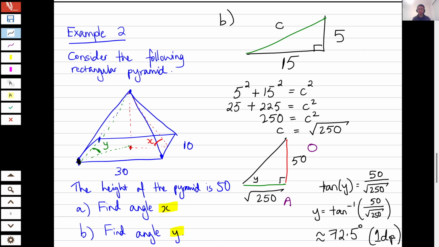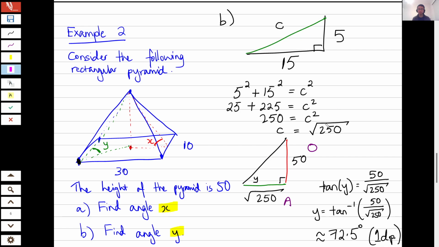So I hope you're seeing that all we are doing is calculations involving Pythagoras' theorem and trigonometry to find unknown angles. That's it. So there's no new maths in today's class. The only thing that's new is the fact that we've moved from 2 dimensions to 3 dimensions. And I hope what you've seen is that it's going to be so much easier to do these questions if you draw these diagrams.